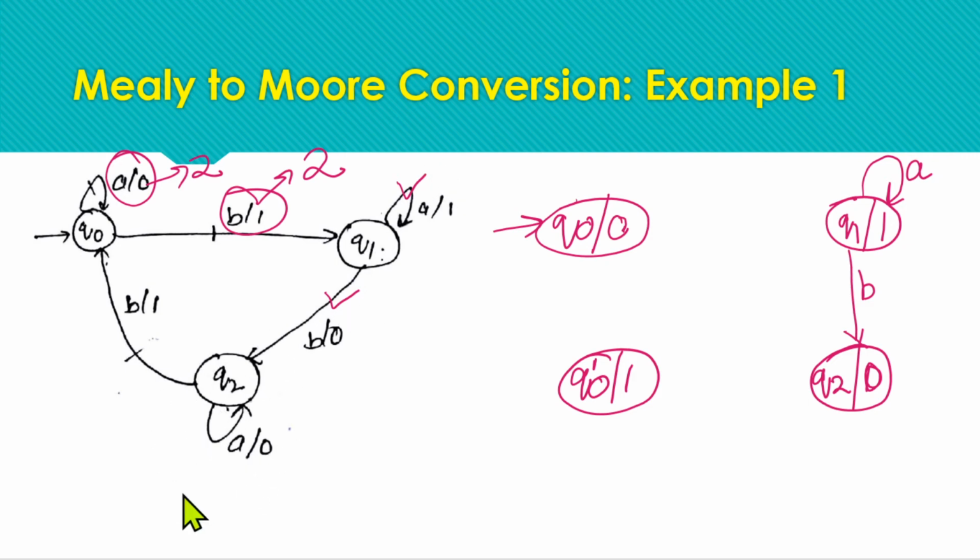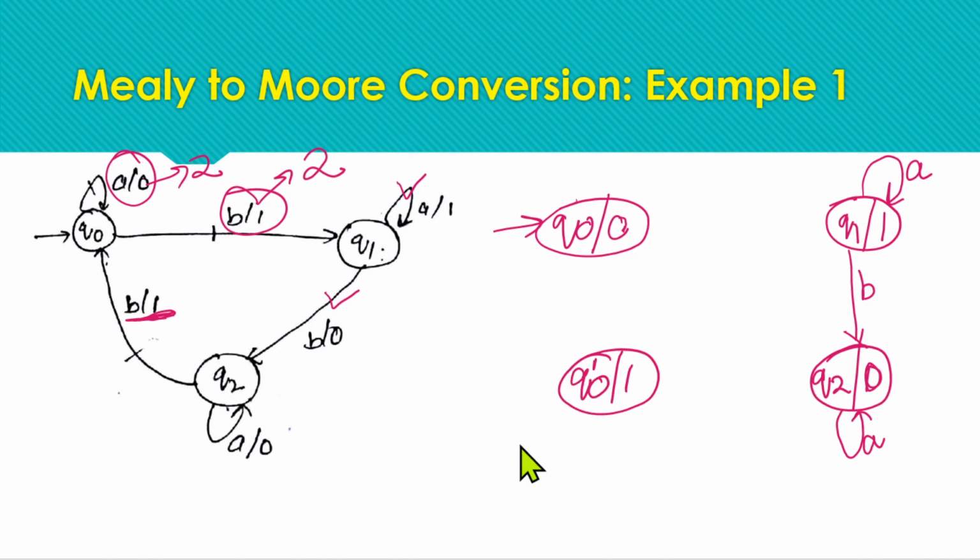Now coming to the state Q2, from Q2 we have a self loop of A with output 0, so simply draw the self loop. Next, from Q2 we are moving to the state Q0 for input symbol B and the output is 1. As we now have two states of Q0 in the Moore machine, from Q2 we need to move to the Q0 state that produces the output 1, because for input symbol B, Q2 is supposed to generate the output 1.